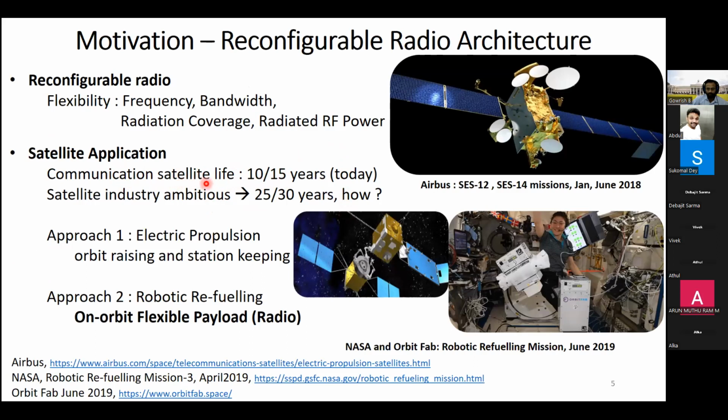The electronics life is much longer than this. This is mainly because of the exhaustion of the chemical propellant that is used for orbit correction and orbit raising. So the satellite industry is ambitiously working to enhance the life of a communication satellite from 10 to 15 years to double it, that is around 30 years.